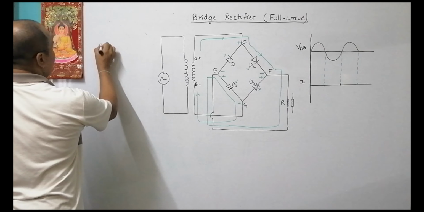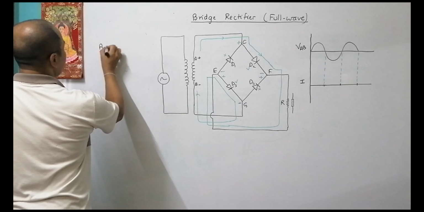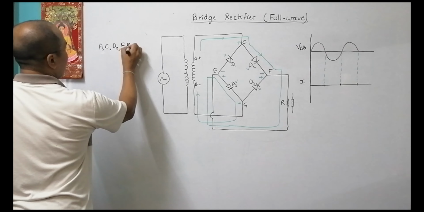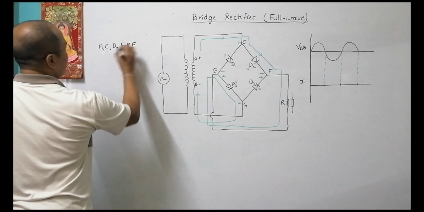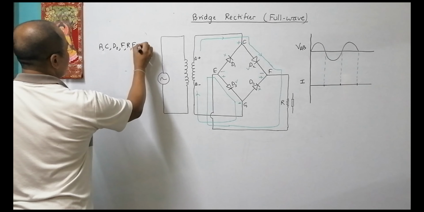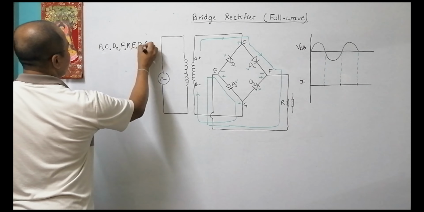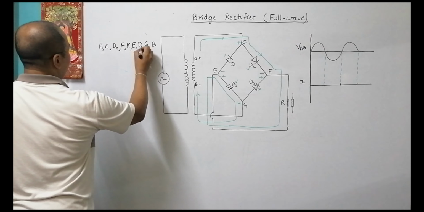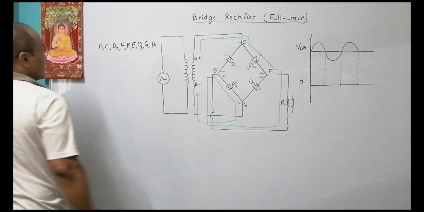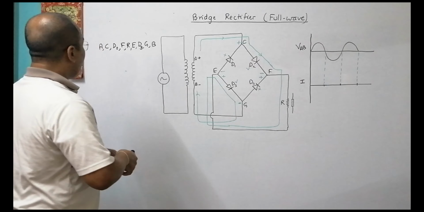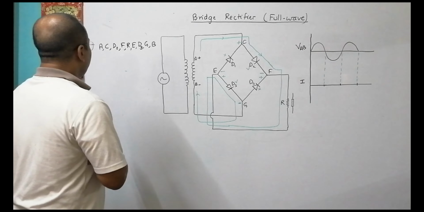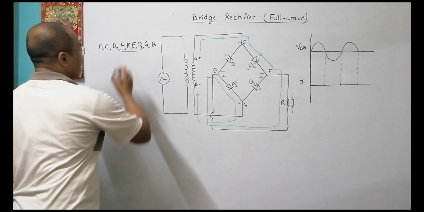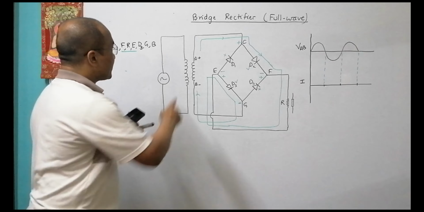It comes from A, then C, then D2, then F, then R, then E, then this is D3, G, and then B. So the flow of charge happened along this path D3, G, and then B. Let me take care of this particular factor, this R factor. Along the resistor here, current flows from F, then R, then E.